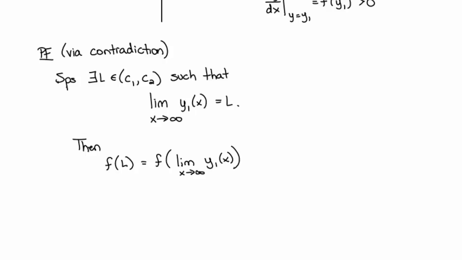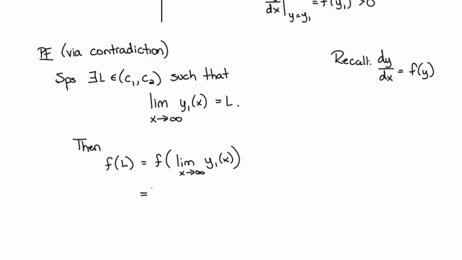So far, no flaw in our logic. We're just saying that the whole problem hinges on dy/dx being equal to f of y. So suppose that the limit as x goes to infinity of y sub 1 of x is equal to L, then f of L is equal to that limit.